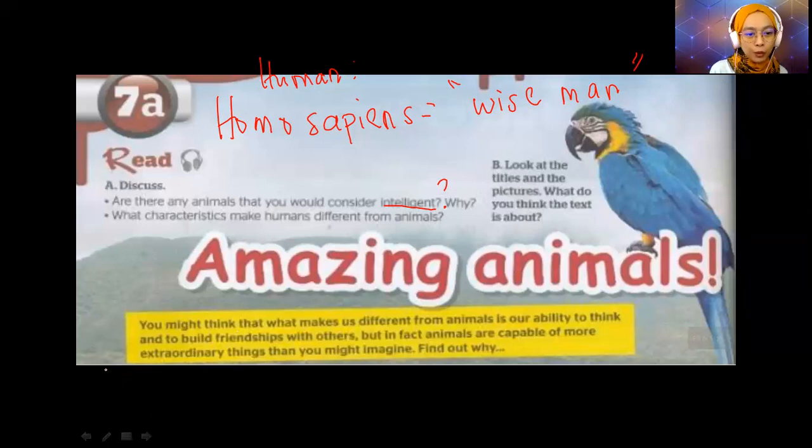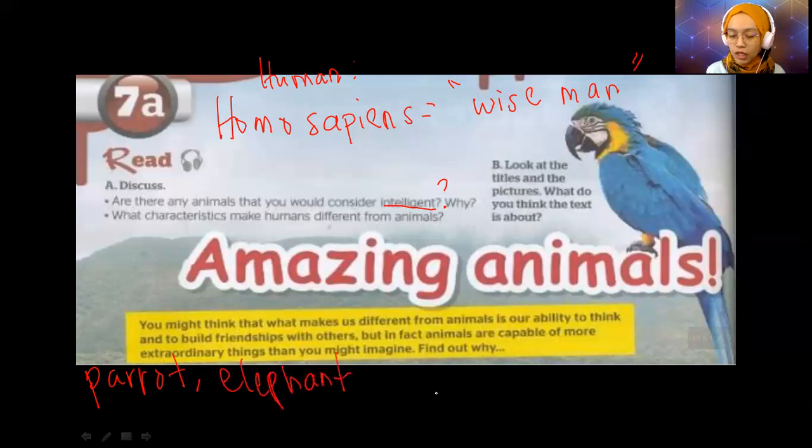Okay, normally we would say parrot, or some people would say elephant as an intelligent animal, because sometimes they know something bad would happen, and if we see the elephant restless, we could guess that something bad would happen. Or some people would say dolphins.